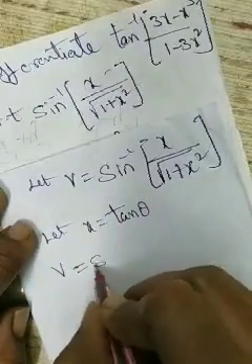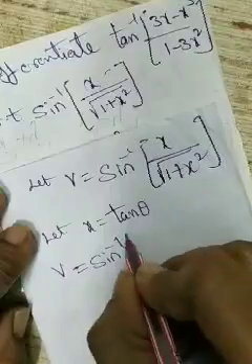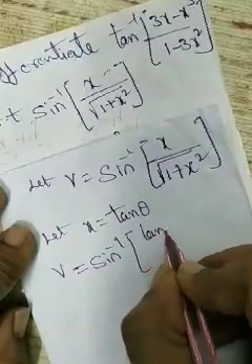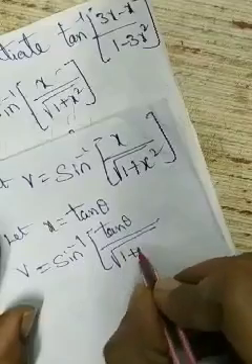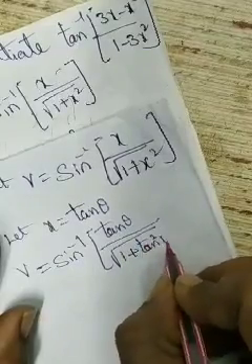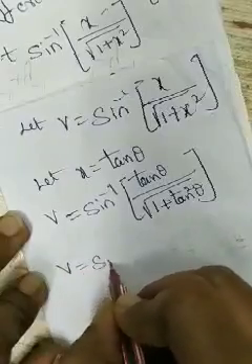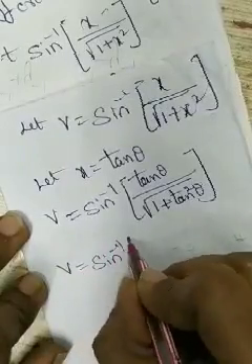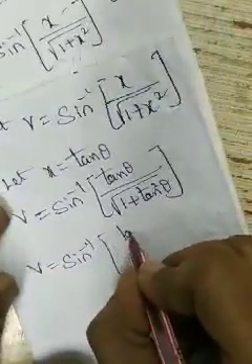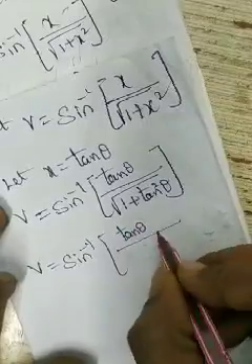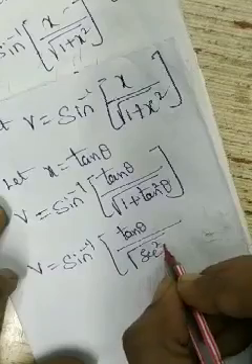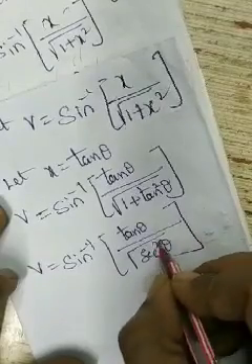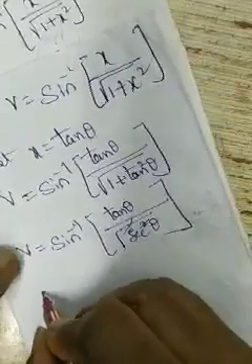So v is equal to sin inverse of tan theta divided by root of 1 plus tan square theta. 1 plus tan square can be written as secant square theta. Secant square and the root gets cancelled.